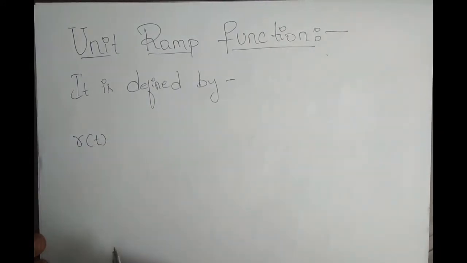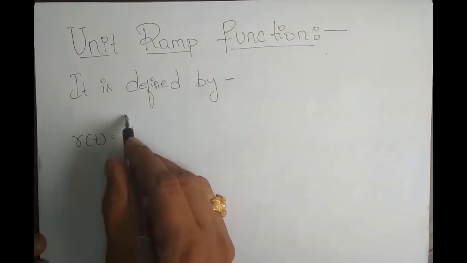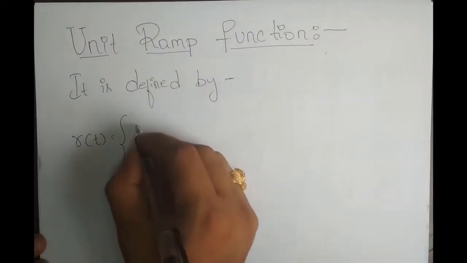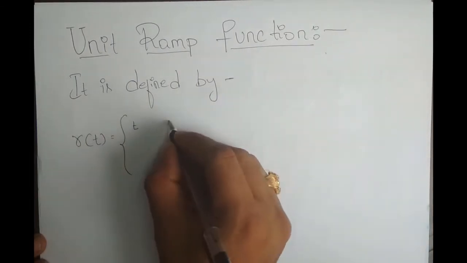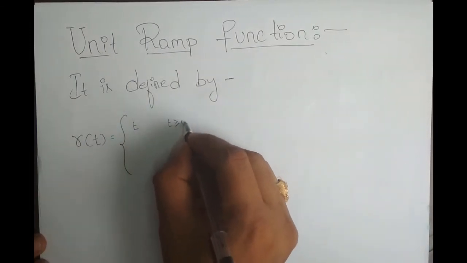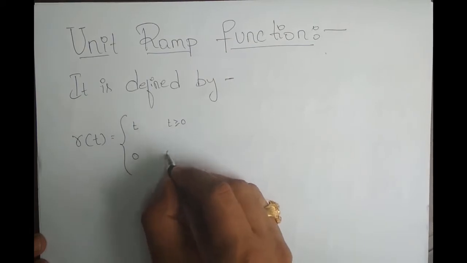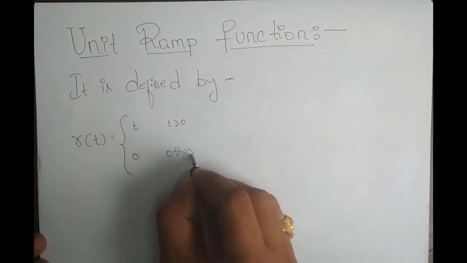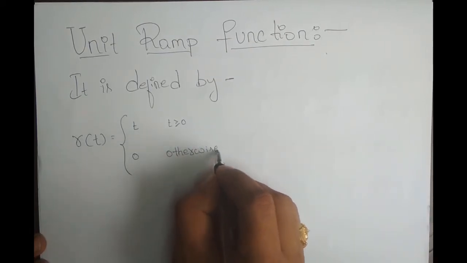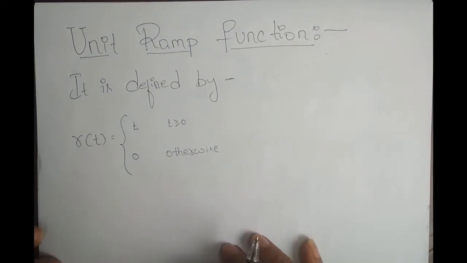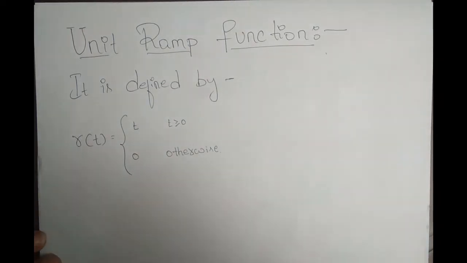Whenever I put small letter r of something, r of t, it is basically a unit ramp function, and it is equal to t for t greater than or equal to 0 and equal to 0 otherwise.